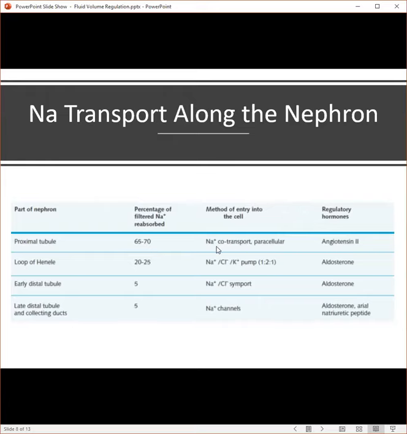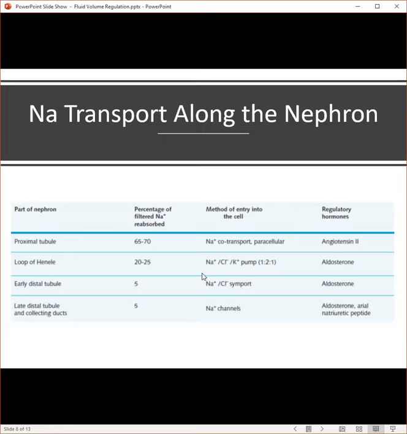So for example, for your proximal tubule, you have your sodium co-transport, which transports sodium along your paracellular route using, of course, your sodium concentration gradient between the cell and the intercellular spaces. The regulatory hormone here for this co-transport is your angiotensin II.